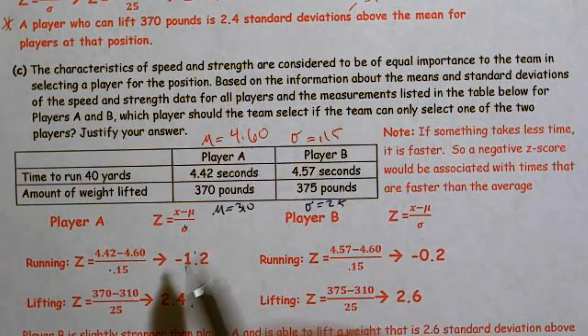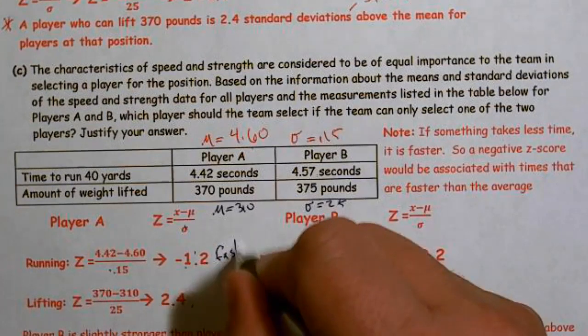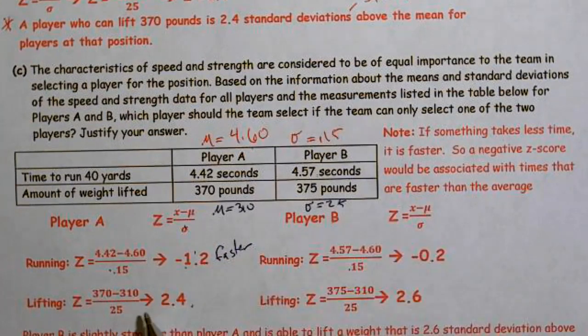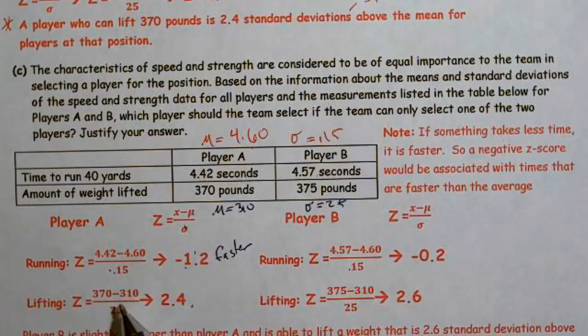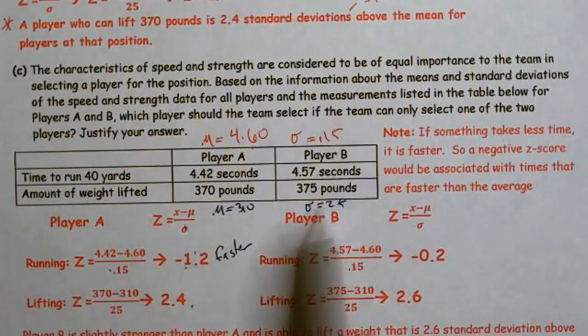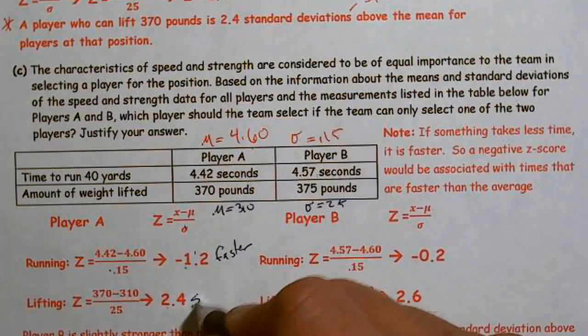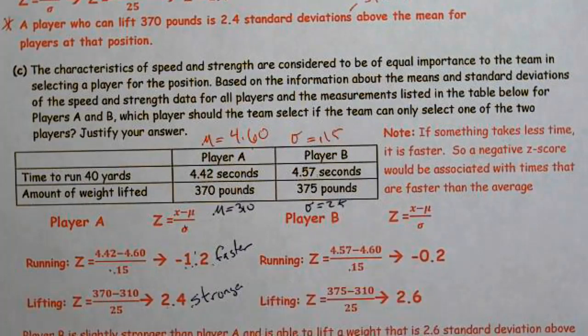And I find out that he's 1.2 standard deviations faster. Then for strength, he lifted 370. The average lift was 310 with a standard deviation of 25. So he's 2.4 standard deviations stronger. Player A is 1.2 standard deviations faster and 2.4 standard deviations stronger.